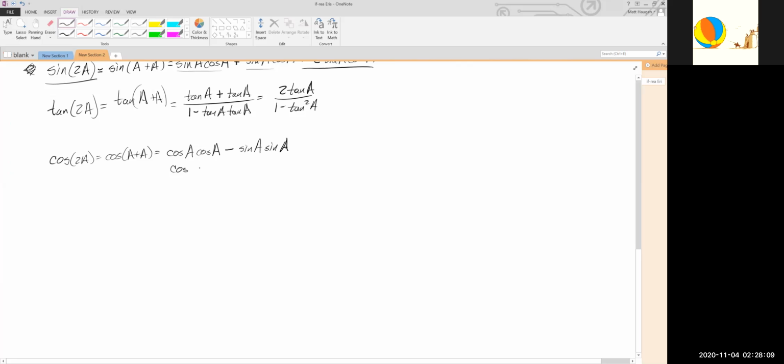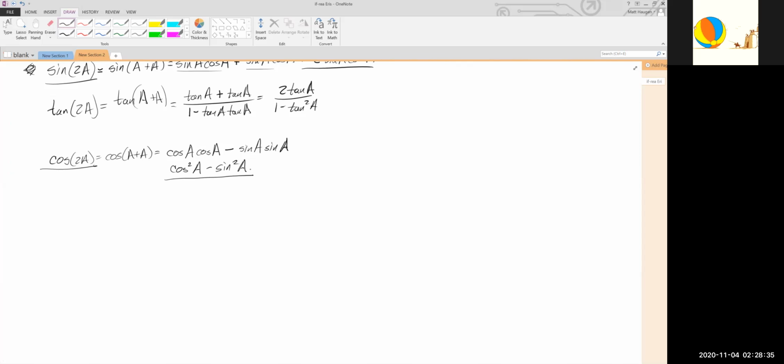This turns into cosine squared A minus sine squared A. It almost looks like the Pythagorean identity, but not quite. It's a subtraction instead of an addition. Be careful about that. So great, the cosine of 2A is equal to the cosine squared of A minus the sine squared of A. We could stop there.